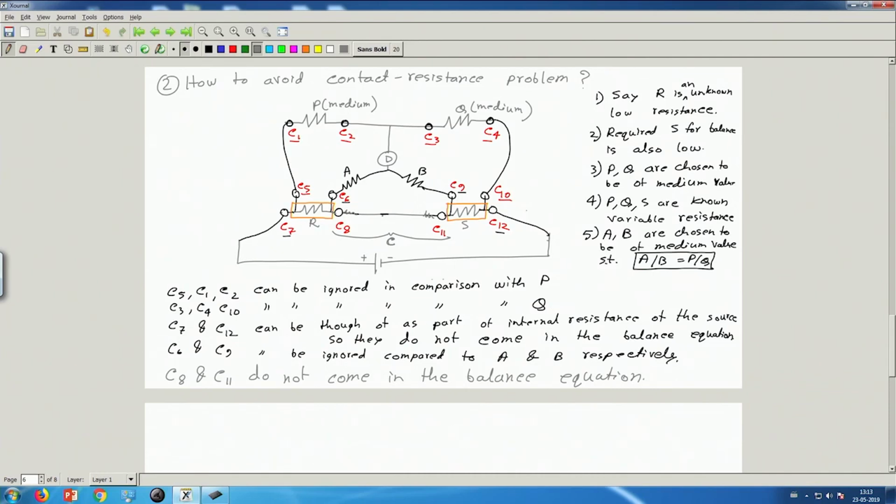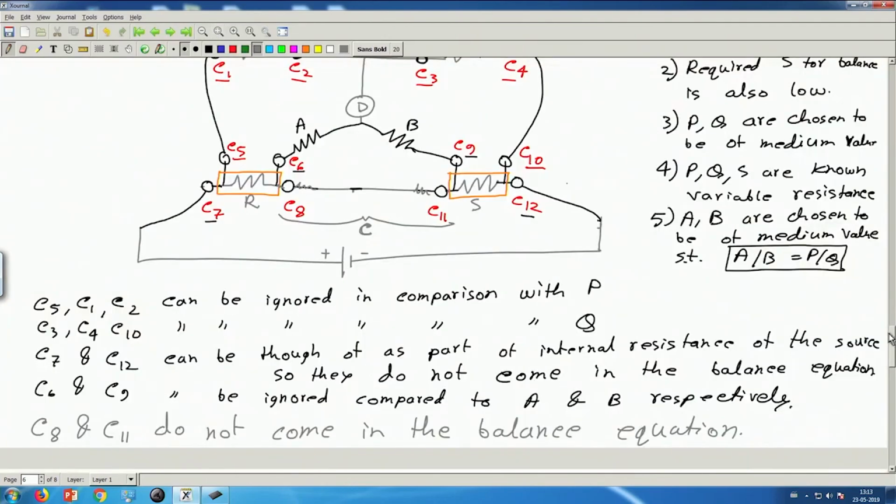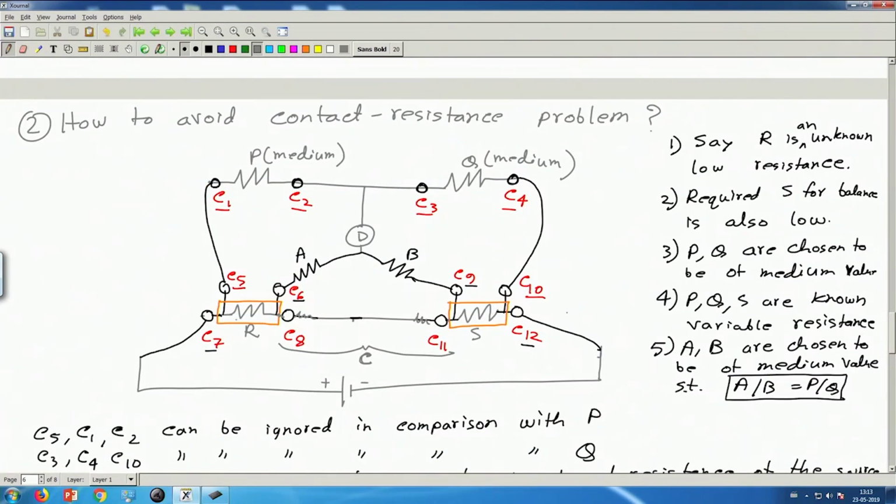So this is the Kelvin bridge, and once again let me repeat before I conclude that these are 4 terminal resistances. If we have R and S as small resistances, we must use 4 terminal resistances.